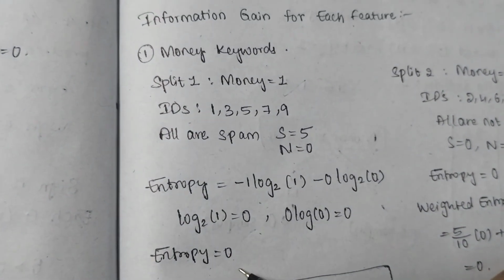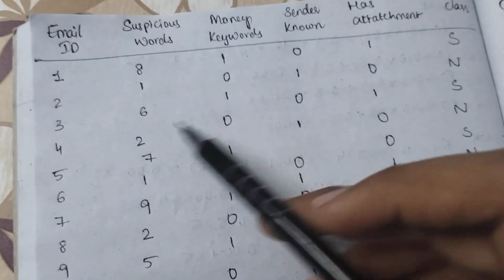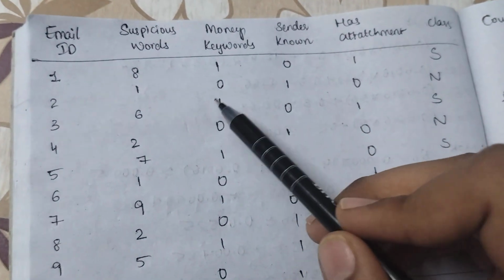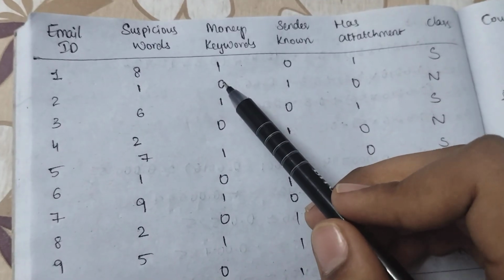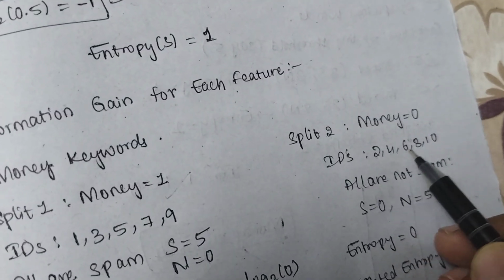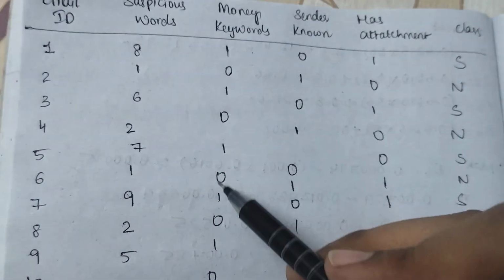And money is equal to 0. These are the IDs. For example, consider ID number 2. In the money keywords, ID 2 is 0, so we are considering money equal to 0. IDs 2, 4, 6, 8, 10 are all the IDs where the money keyword has become 0.